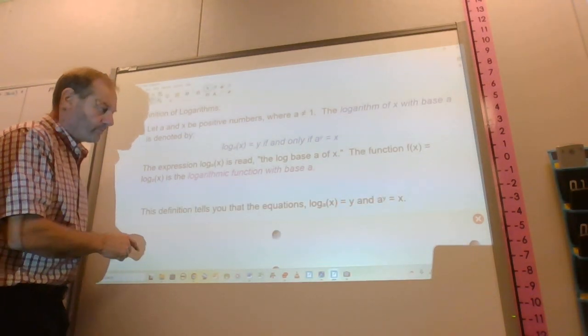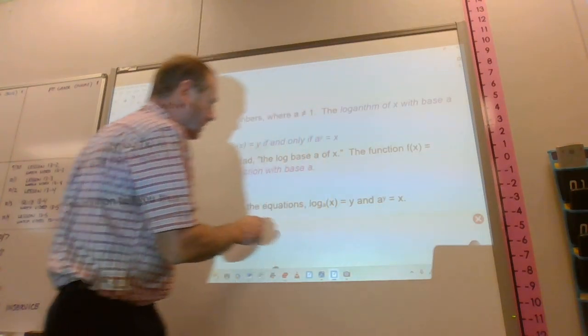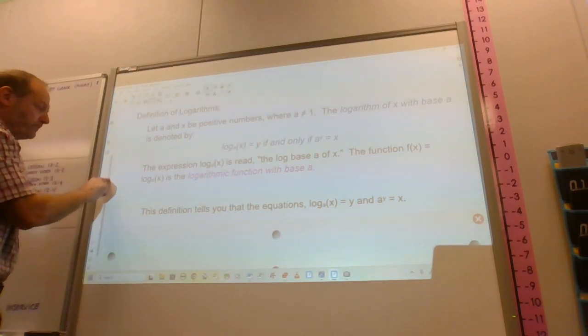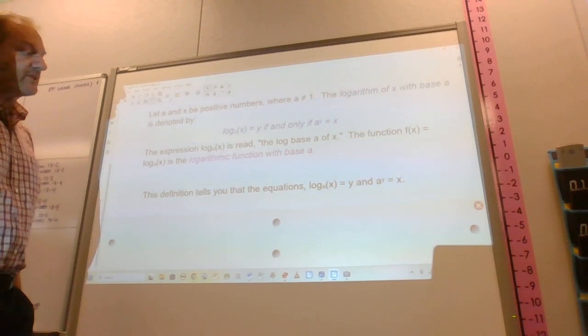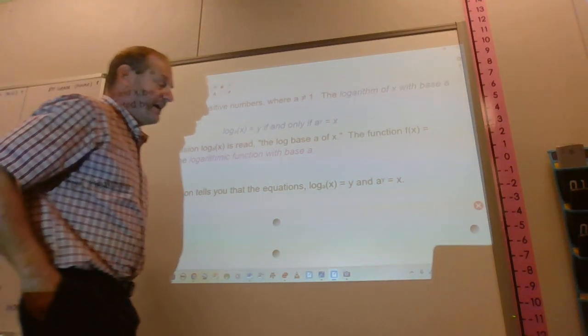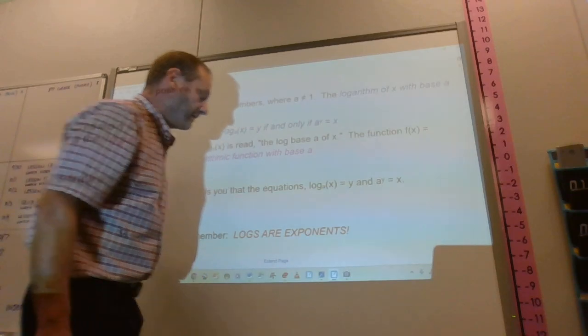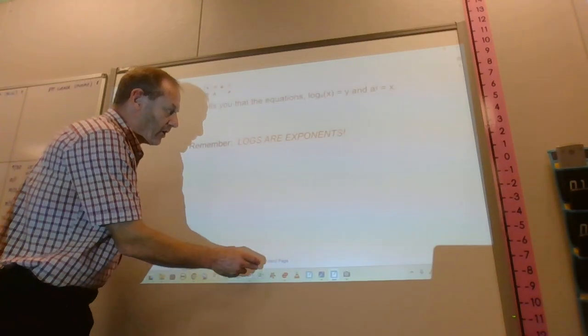Okay, now, the definition tells you that the equations log base a of x equals y and a to the y power is x are the same thing. This is an important thing to always go back to.